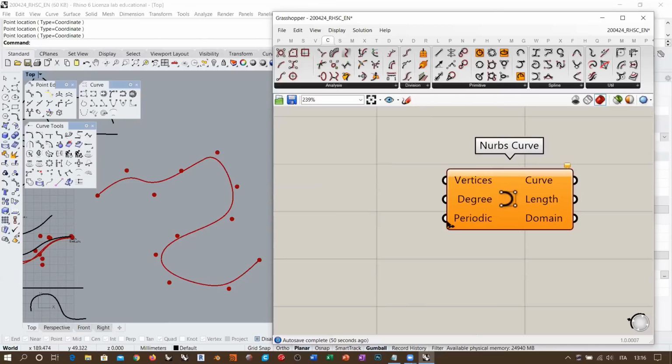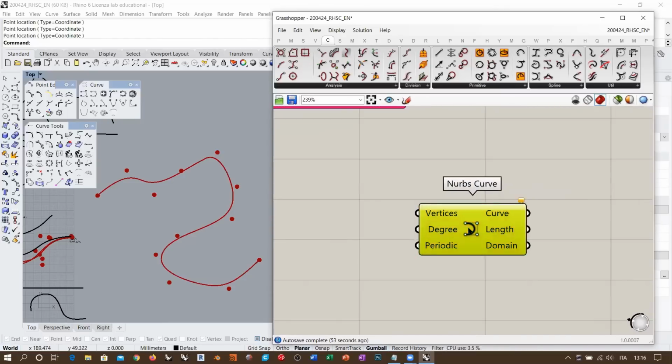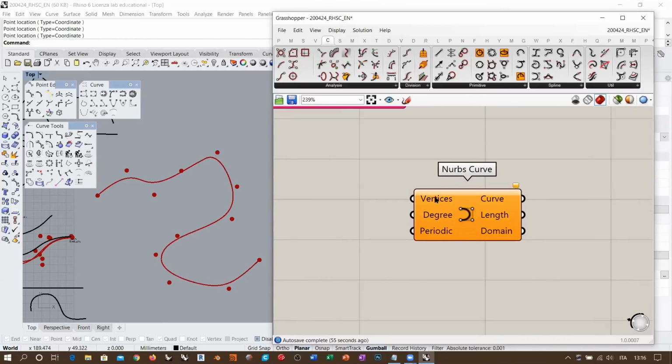Because you see that the NURBS curve is generated starting from vertices, which are the number of control points, and the degree. So once you know how many control points you have, and you know what the degree is, via the formula that we just saw, which is number of control points plus degree minus 1, Grasshopper and Rhino know how many knots you have, and by default, it generates a uniform knot vector with full multiplicity for the first one and the last one.